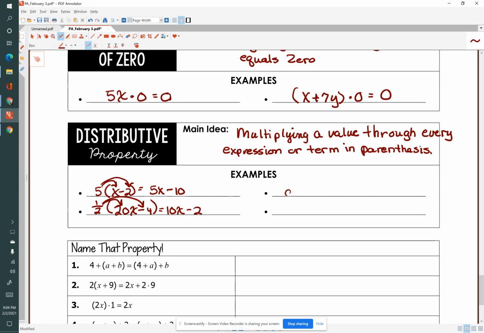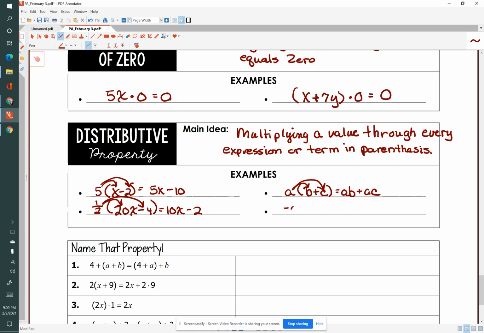If we had a, now I have variable examples here, multiplied by the quantity of b plus c, well, a times b is ab, and a times c is ac.